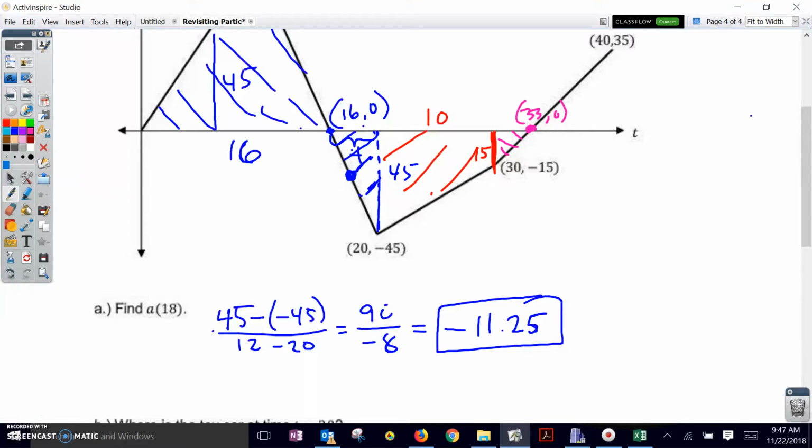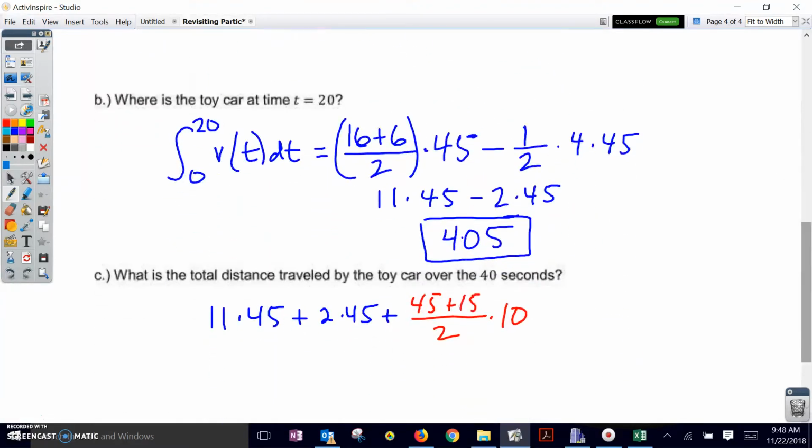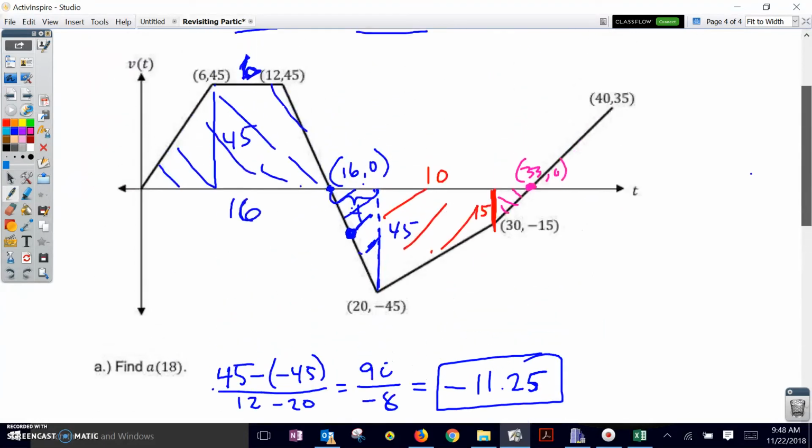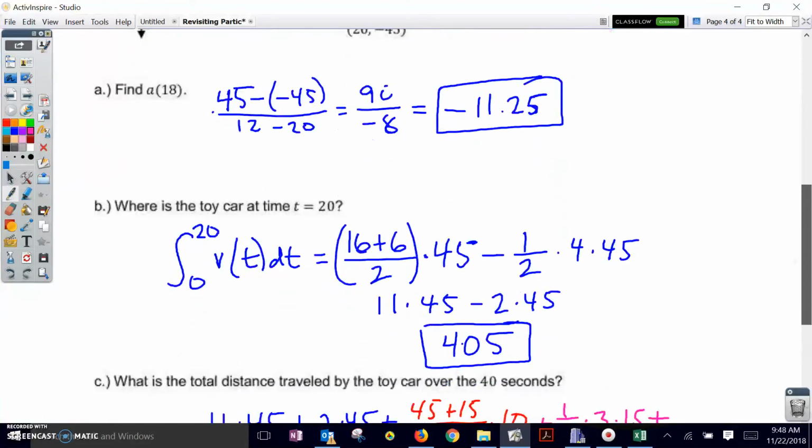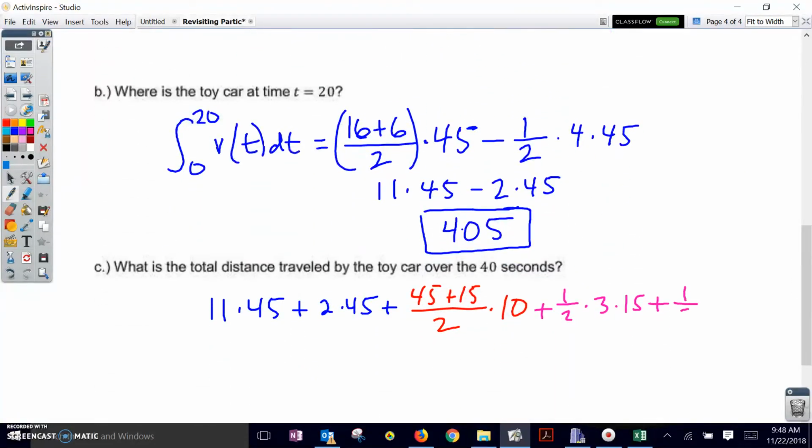And so we've got a triangle that's 3 by 15 is next. And then we've got one last triangle up above here, which is 7 units wide and 35 units tall. And then we'll go ahead and add all those areas together.